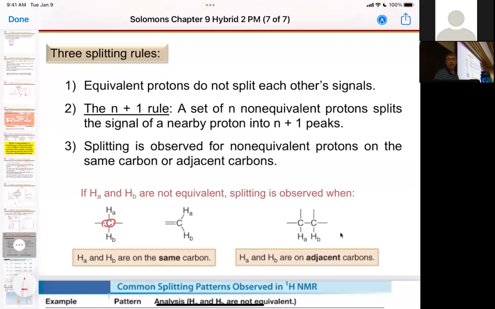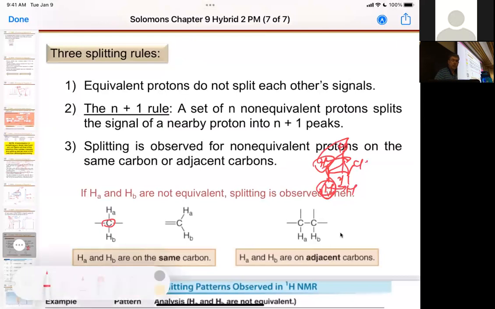For example, in the case of this chlorocyclopropane, right here, these hydrogens are on the same carbon, right? But they're not equivalent. This one has the chlorine here, this one has this. So this is 2 bonds away. So this hydrogen is split by that hydrogen, and these are equivalent.